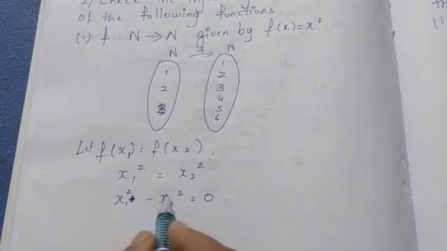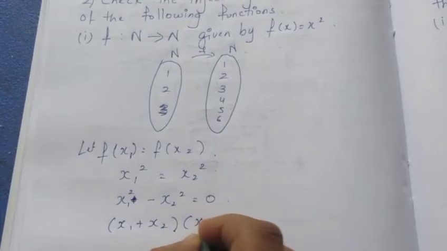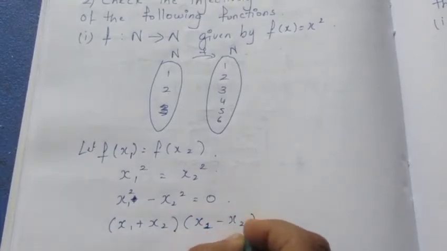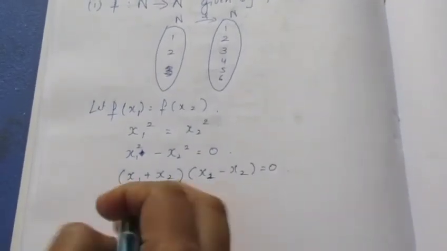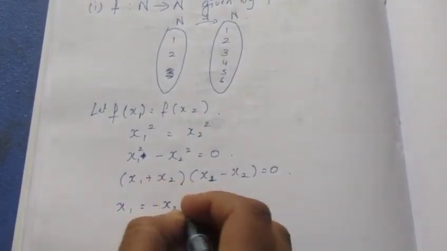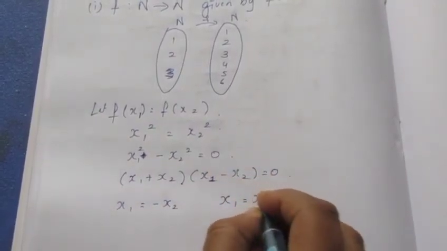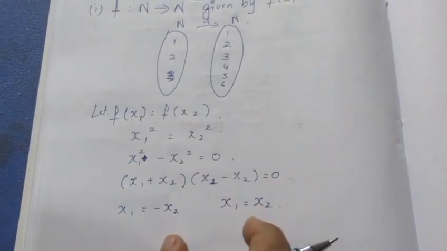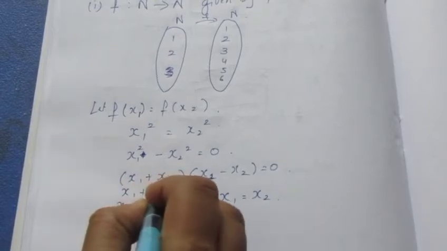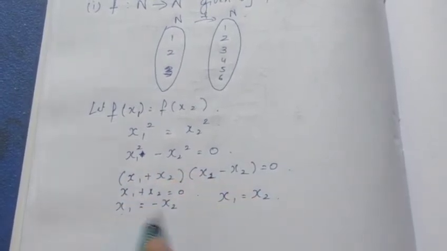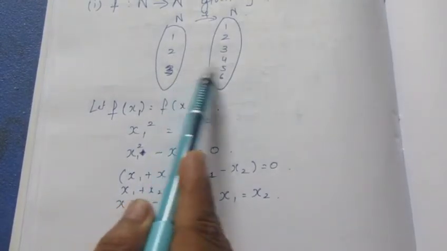We know that this is a square minus b square, and by the formula we can write this as a plus b into a minus b. Taking this condition equal to 0, we get x1 is equal to x2. Then we also get x1 plus x2 is equal to 0, so x1 is equal to minus x2, which is not possible, because the condition here is that it is a natural number.